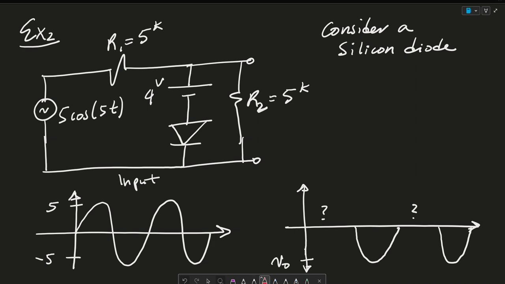So let's go ahead and analyze the circuit. In the positive region, our current is going to flow like this, and it's going to see a forward bias. And since it's a silicon diode, this is going to be plus 0.7. So essentially, the voltage from A to B is equal to the voltage here from A to B as well, which gives us 4.7, or this is just 4 plus 0.7, or 4.7 volts.